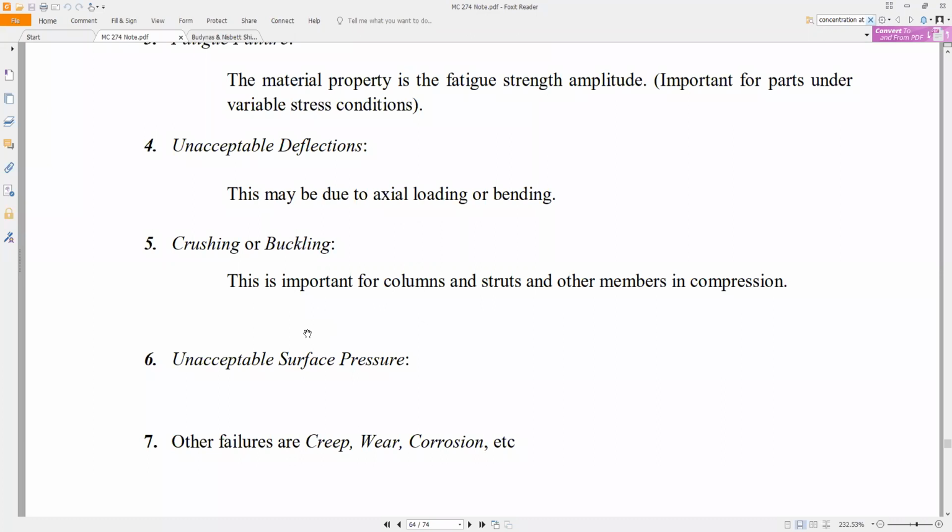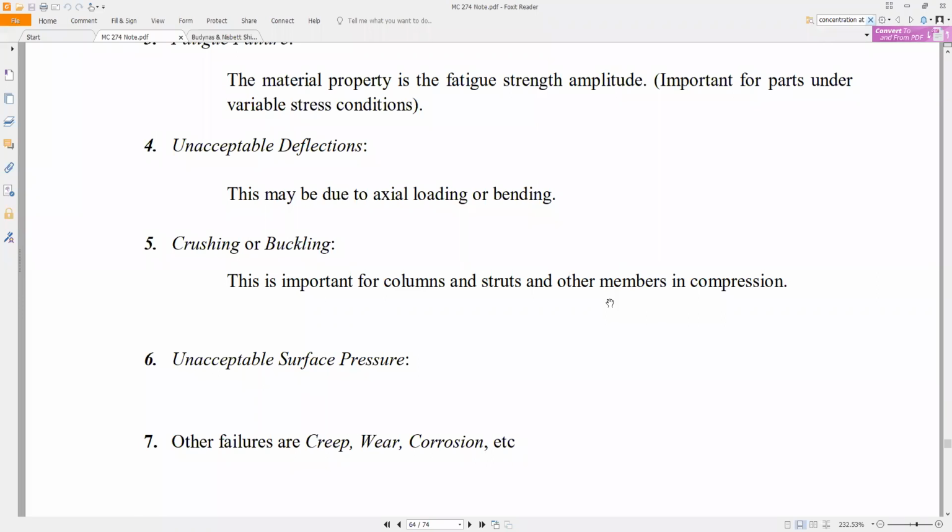Then we also have buckling, and the buckling is where we see the material bending or deflecting. Let's say it's a ductile material, and it's a slender member too, and we apply the load from above, it will subject that member to buckling. So it will somehow deflect or bend. So that is also another form of failure.